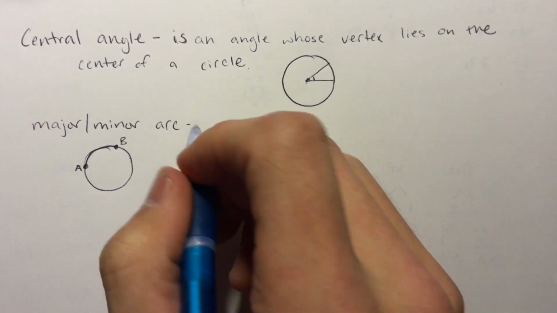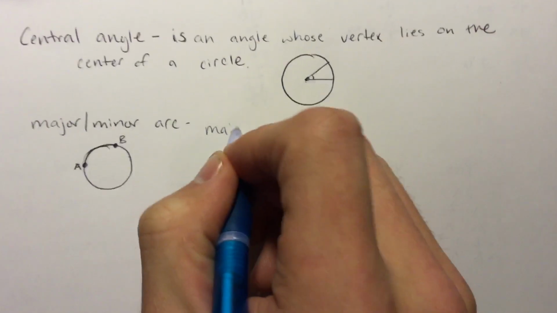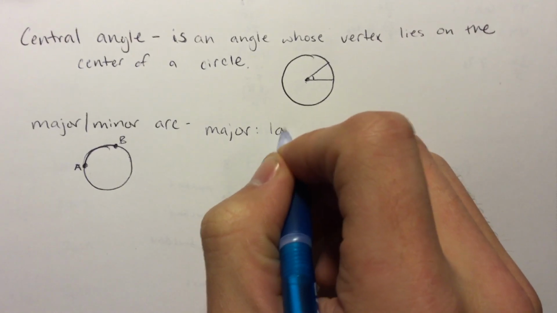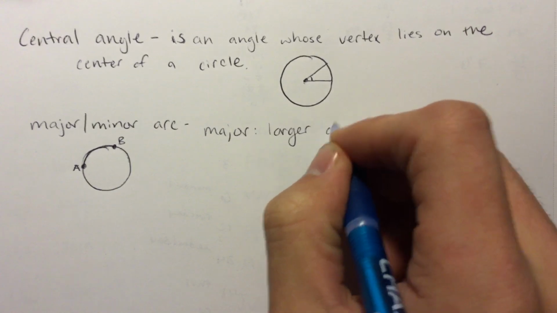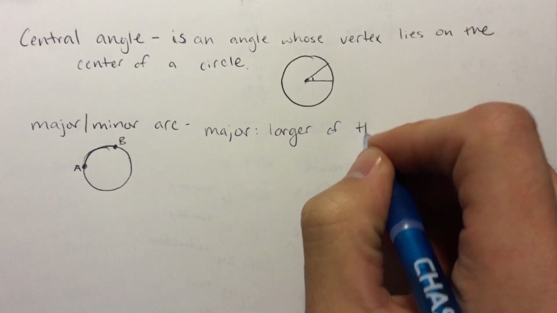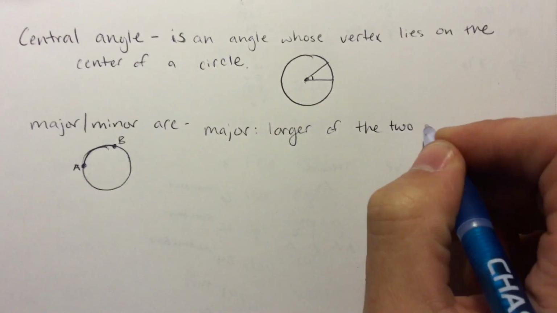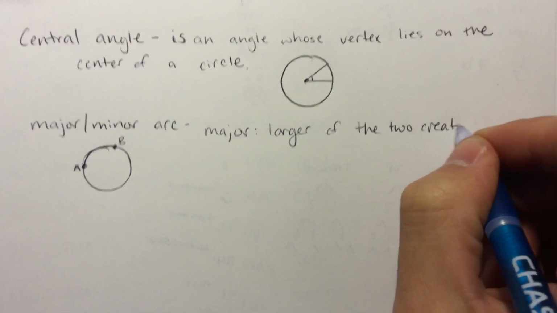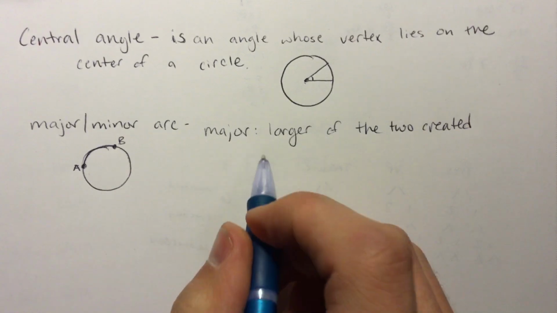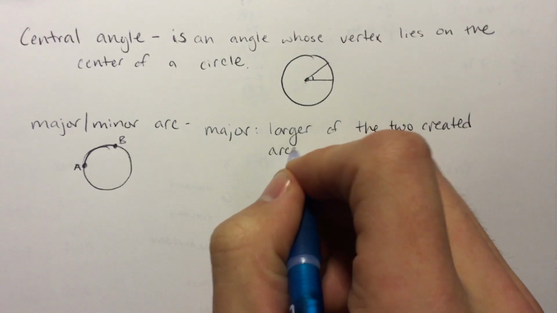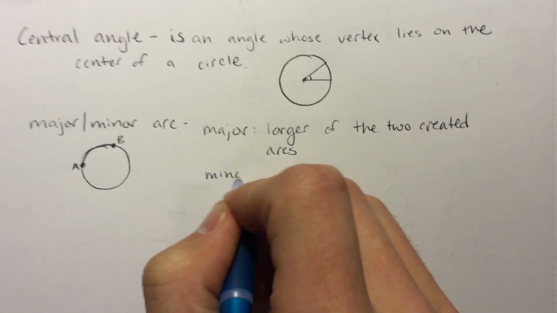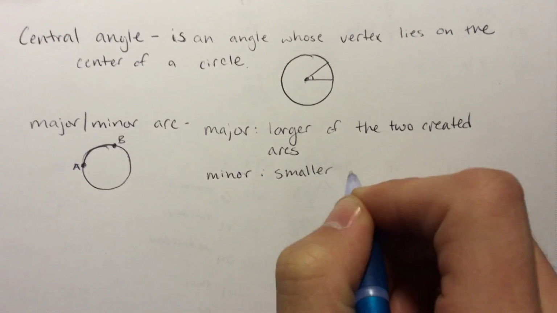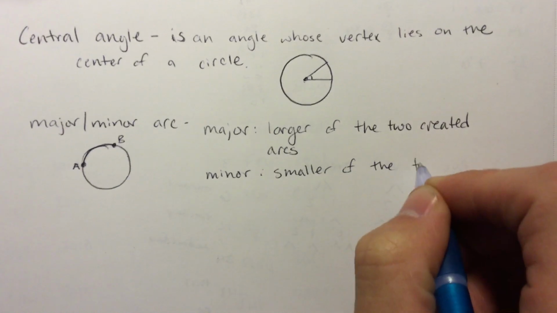Major is the larger of the 2 created arcs, and that would mean that minor is the smaller of the 2 created arcs.